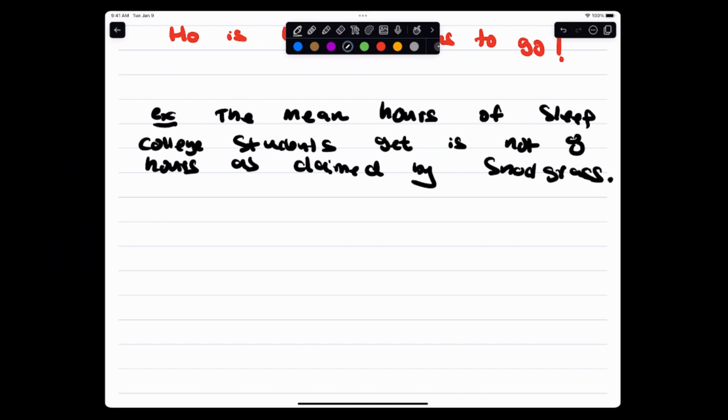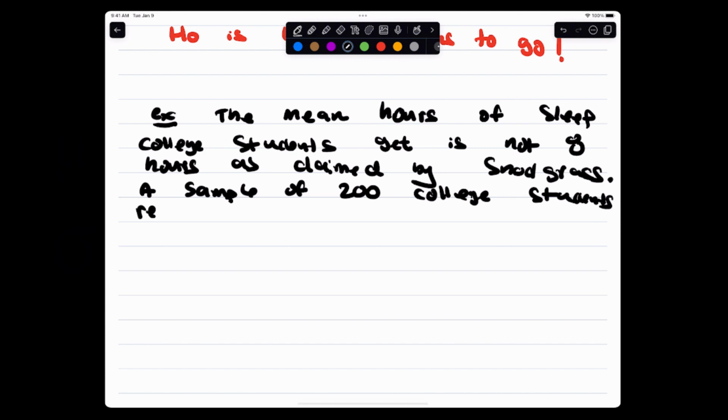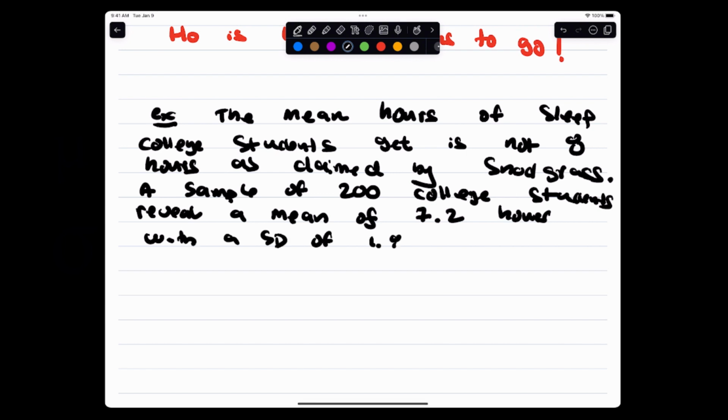So we got a mean parameter. So we need sample information. So now we say that a sample of 200 college students reveal a mean of 7.2 hours with a standard deviation of 1.8 hours of sleep.